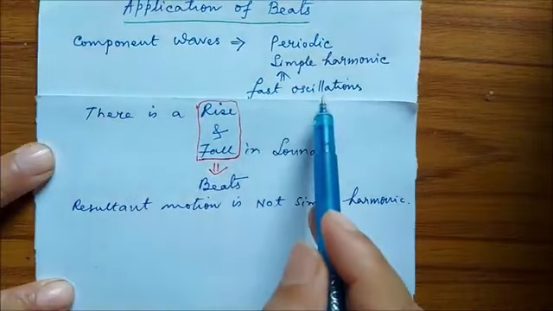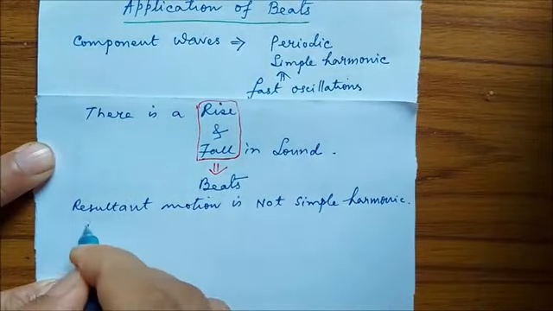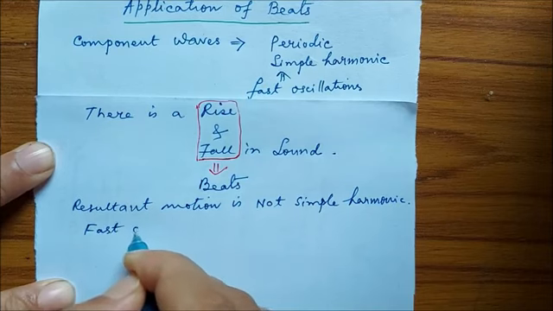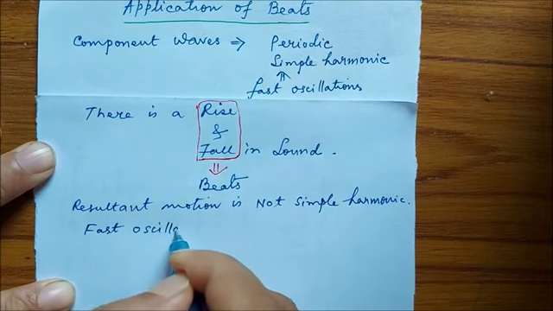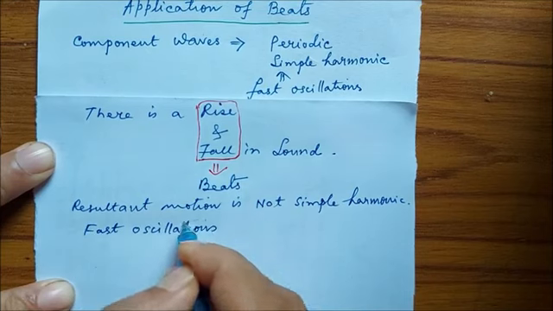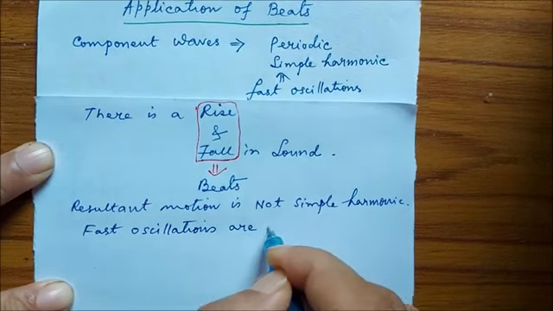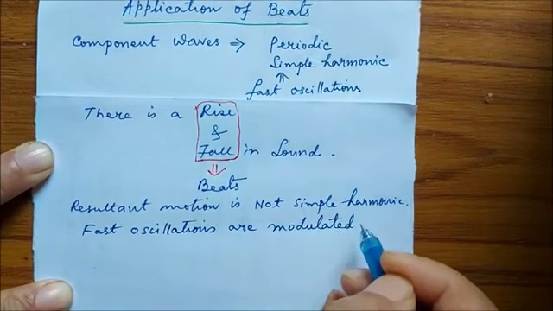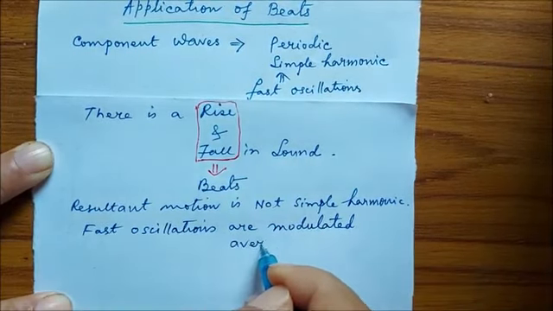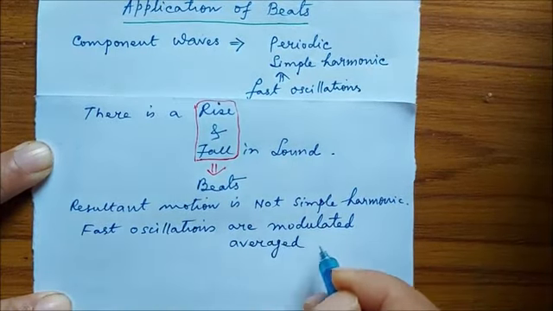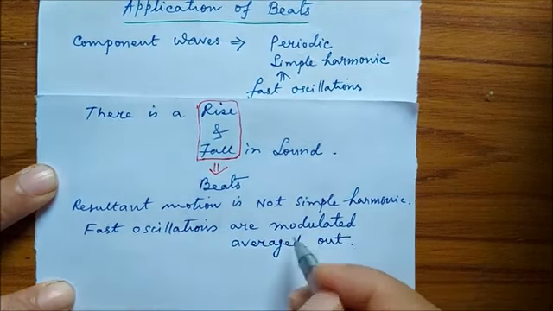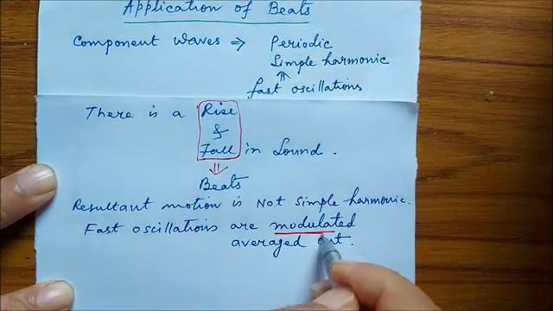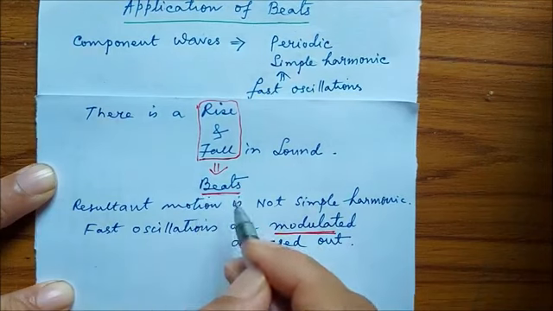The fast oscillations are modulated, they are averaged out, and this modulation of sound is called beats.